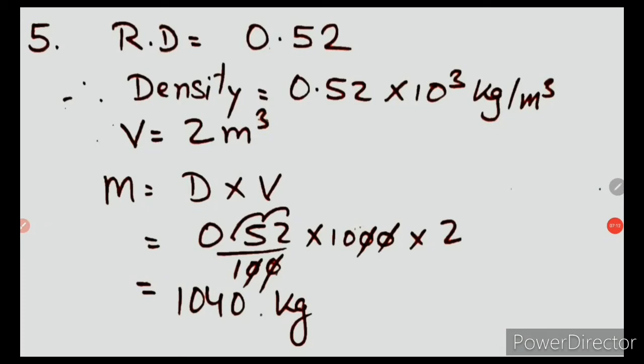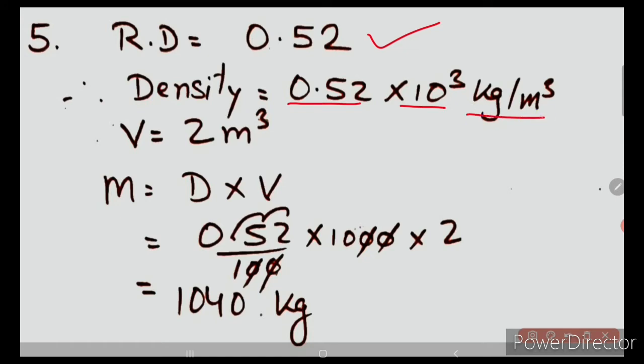So coming to the solution of number 5, the given things are relative density, which is 0.52. The density will thus be 0.52 multiplied by 1000 kilogram per meter cube. The volume given to us is 2 meter cube.